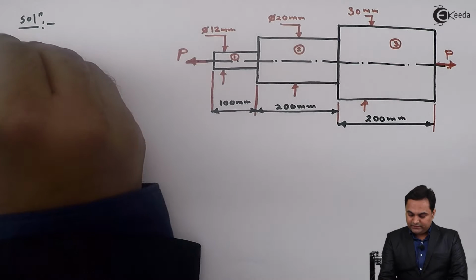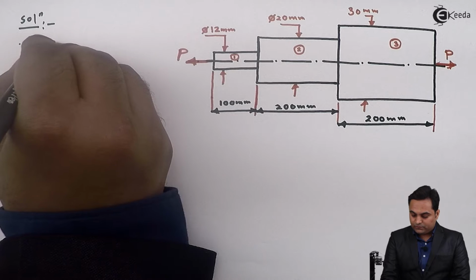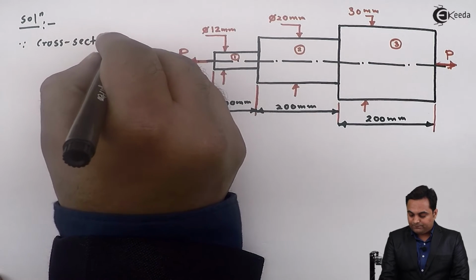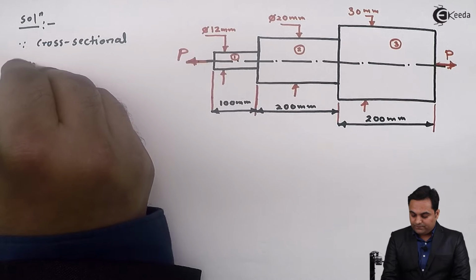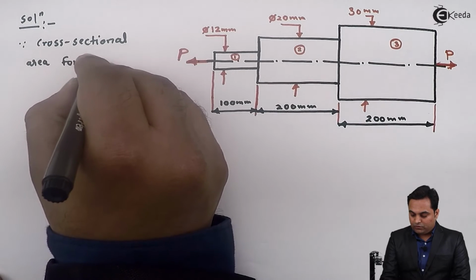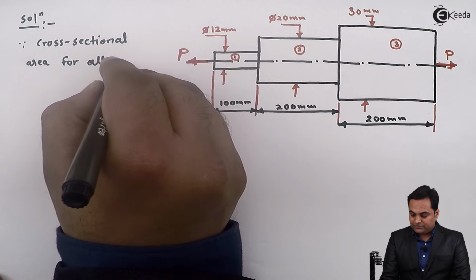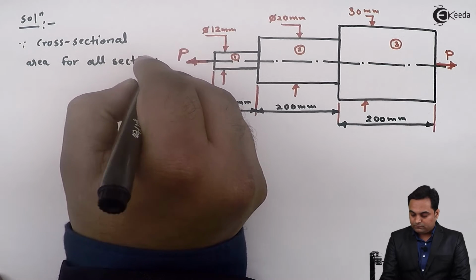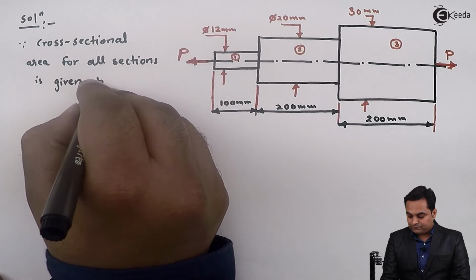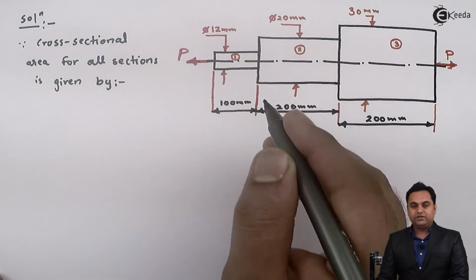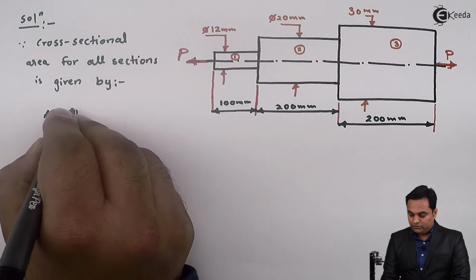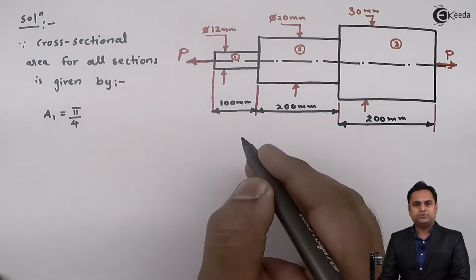So I'll say that cross sectional area for all sections is given by: cross section area for the first section, that will be A1 is equal to pi by 4 into diameter square.